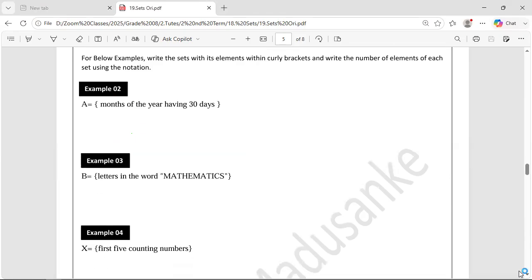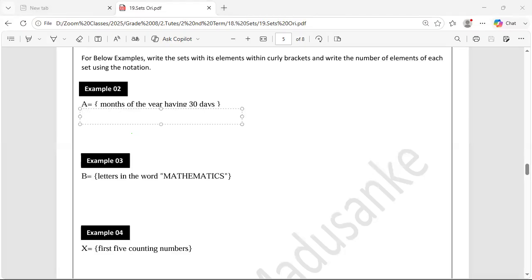Example number 2. For the below example, find the set with its elements within curly brackets and write the number of elements of each set using the notation. First, this one I will do. A equals months of the year having 30 days.